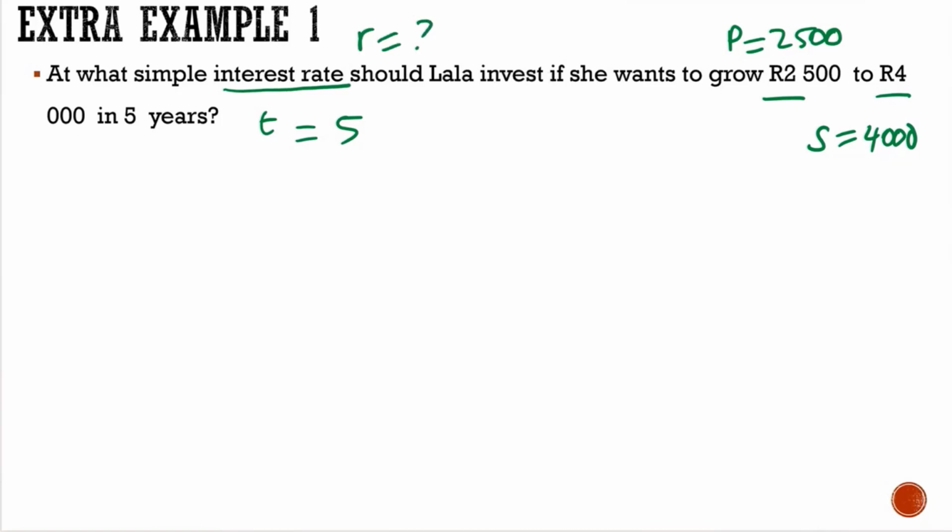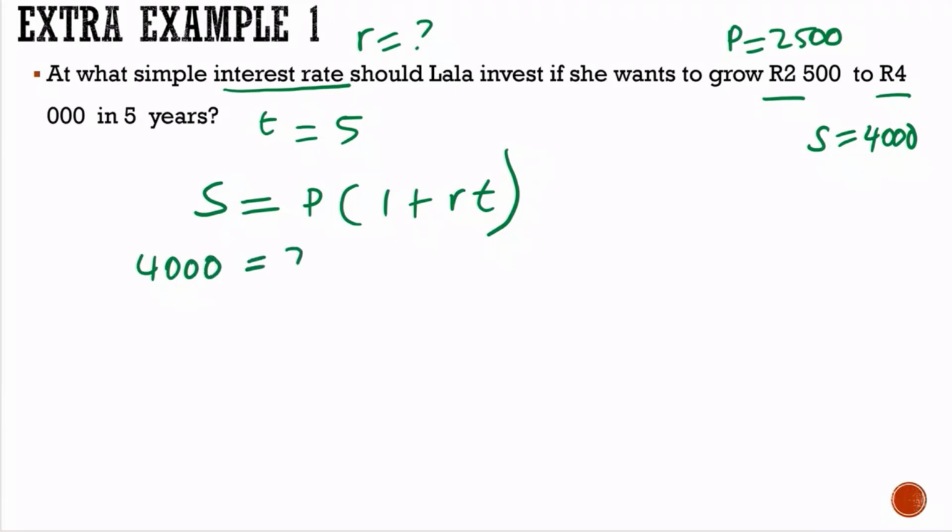So we need to see how we calculate the different variables in a formula. You know that your S is equal to P into 1 plus RT. So you can just substitute everything into your formula. Your S there is 4,000, which is equal to your present value, 2,500, times 1 plus your rate, which is what you are looking for, times your time.